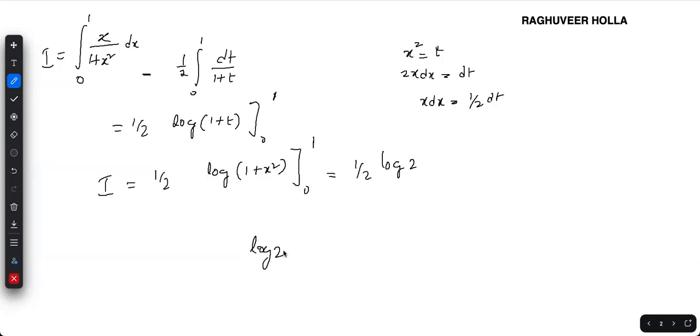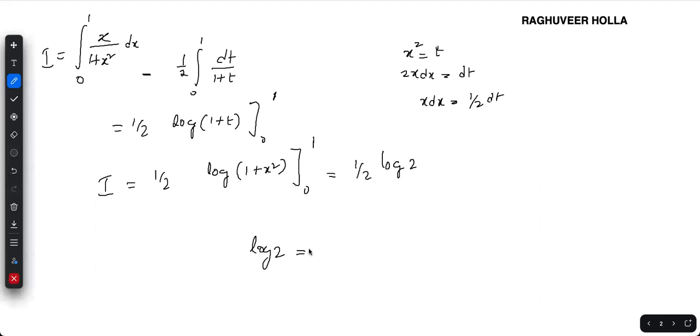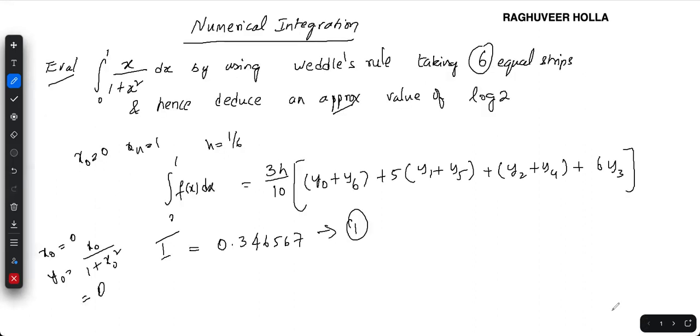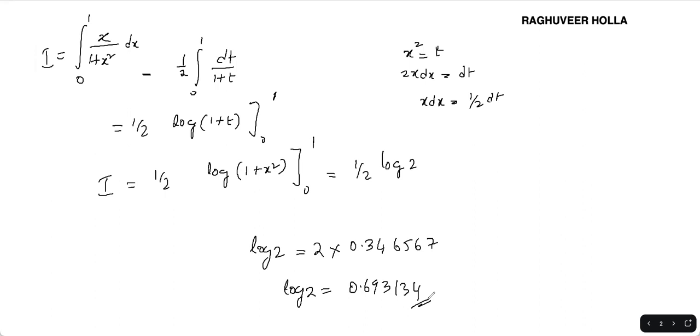Your log 2 will be, when you multiply it by 2, 0.346567, have a look at it. So this is the log 2, which is 0.693134. This is your answer.